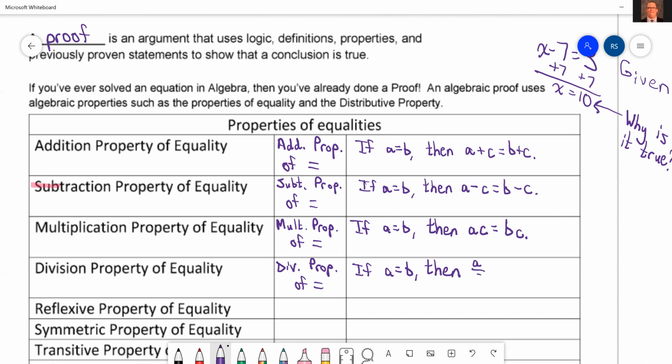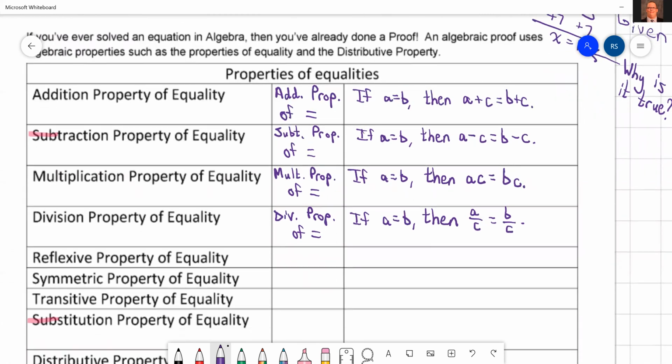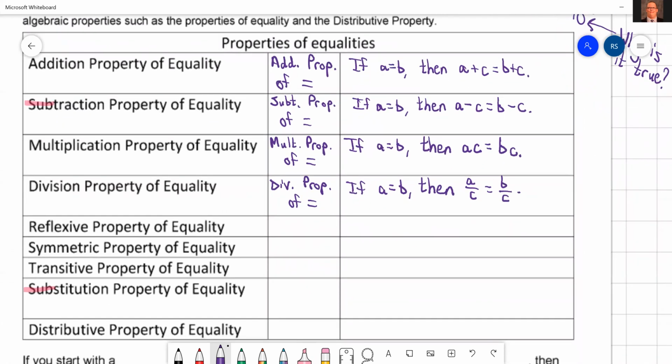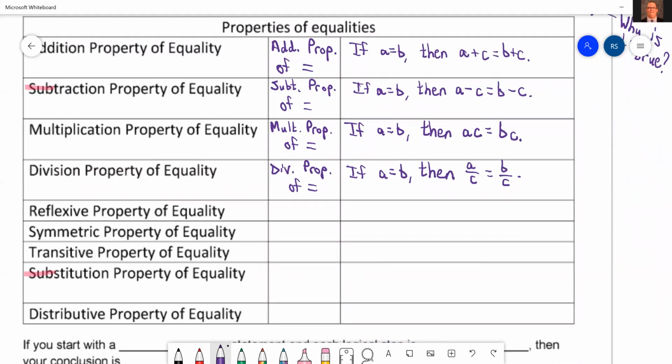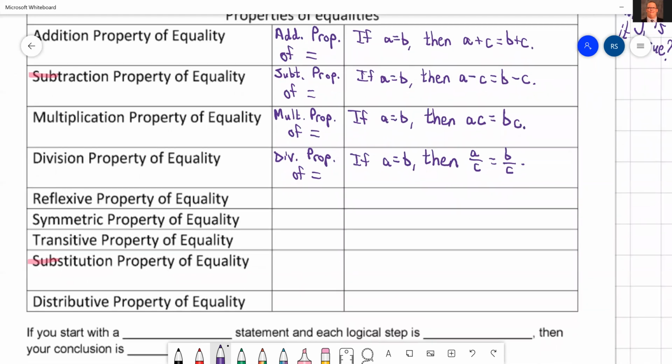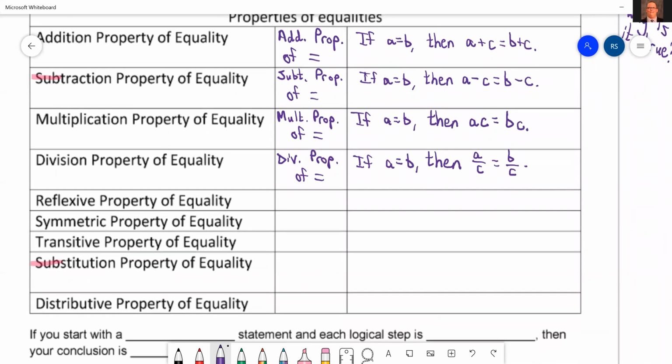A divided by C equals B divided by C. Okay, so those are our four basic ones. Add, subtract, multiply, and divide. Now let's get to some others.